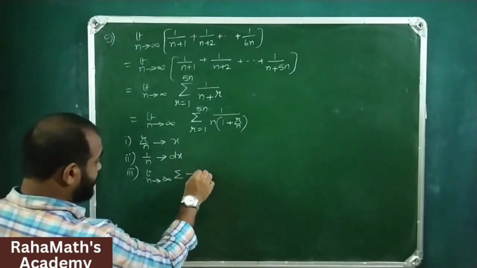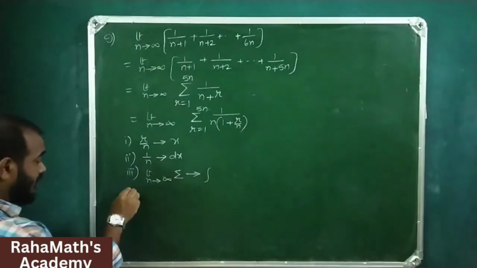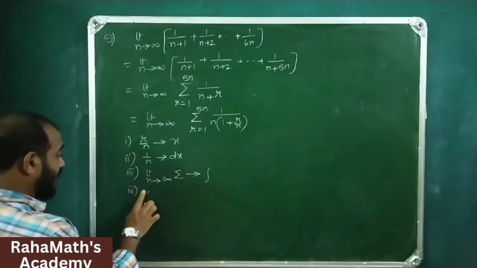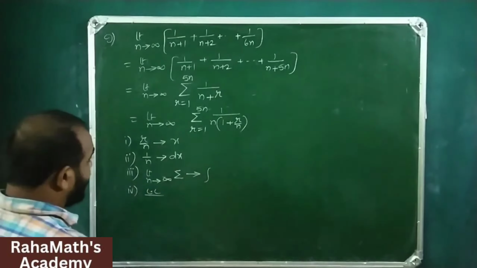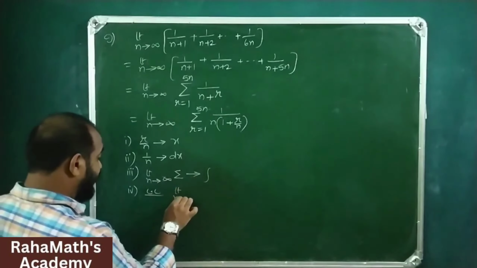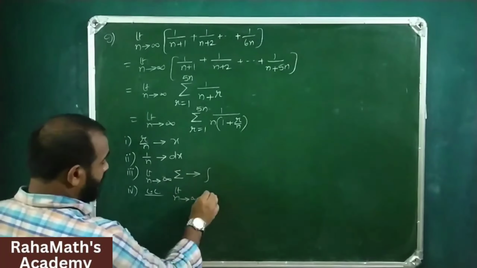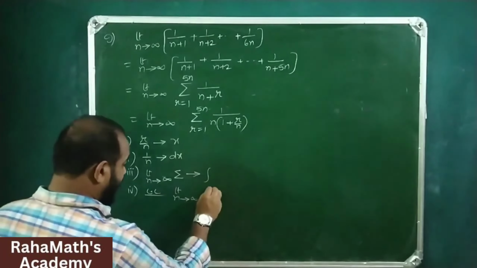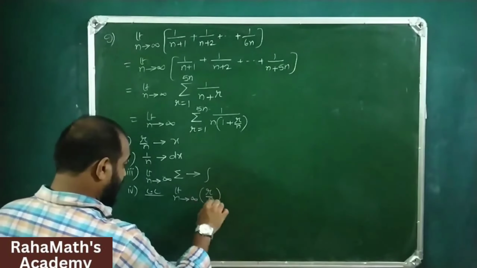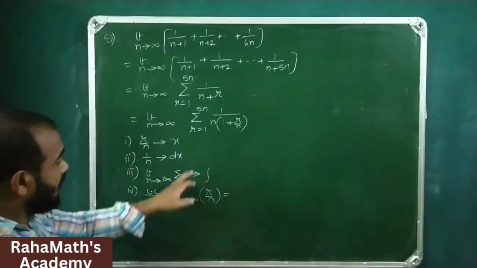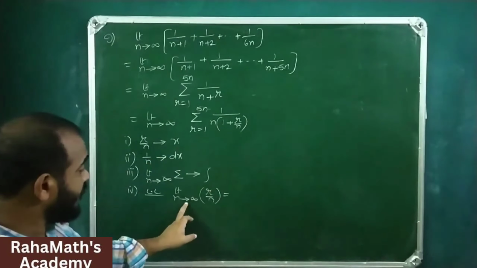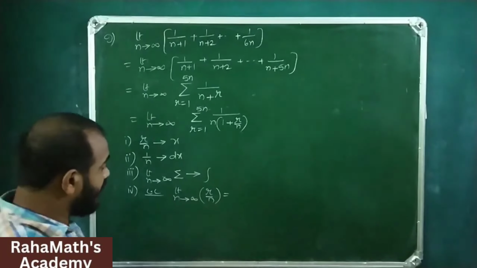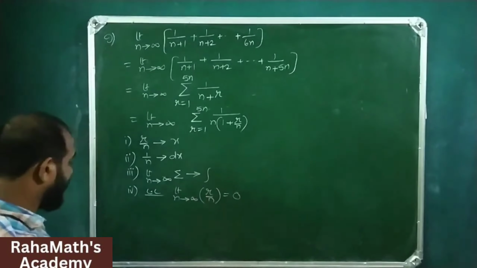So this becomes my integral, and first, the lower limit is equal to limit n tends to infinity r by n. So here 1 being the upper limit. So 1 by n, limit n tends to infinity 1 by n is equal to 0.